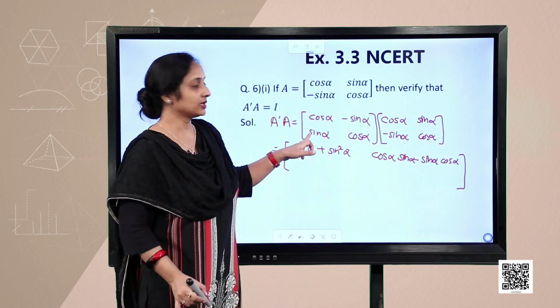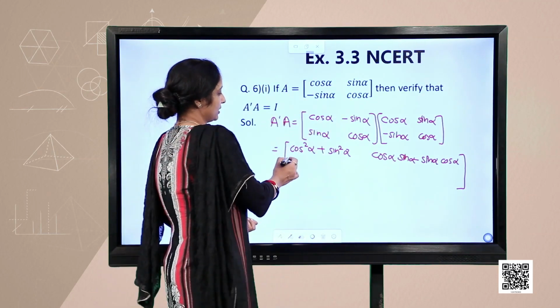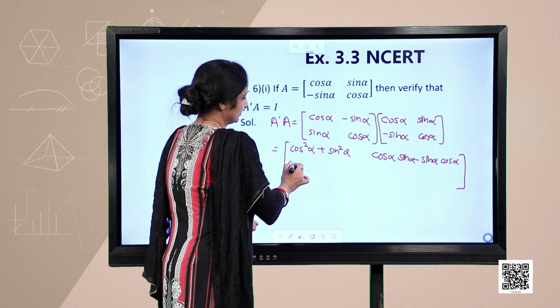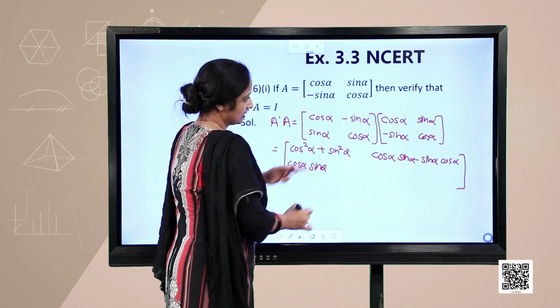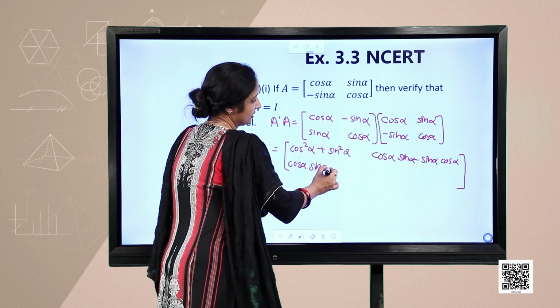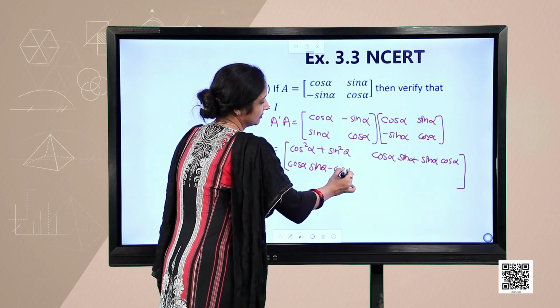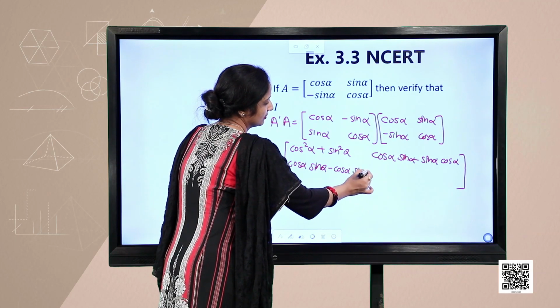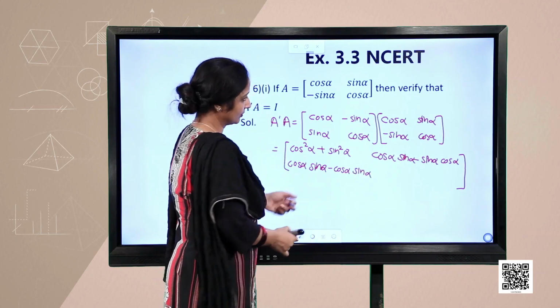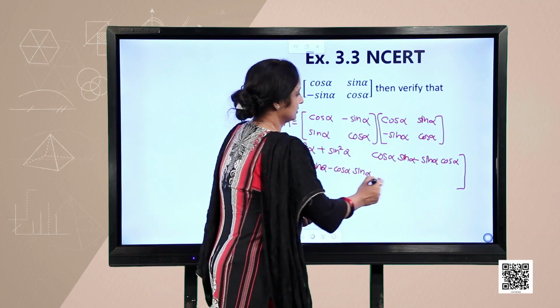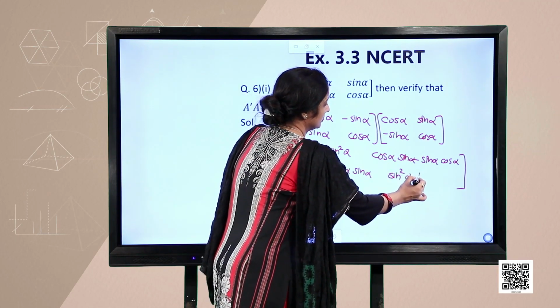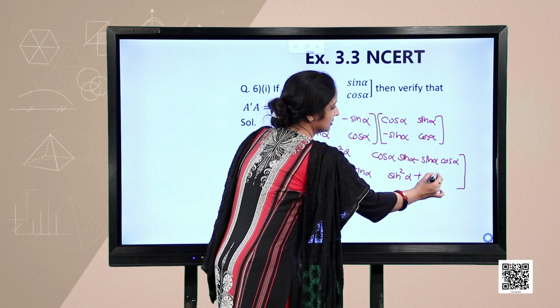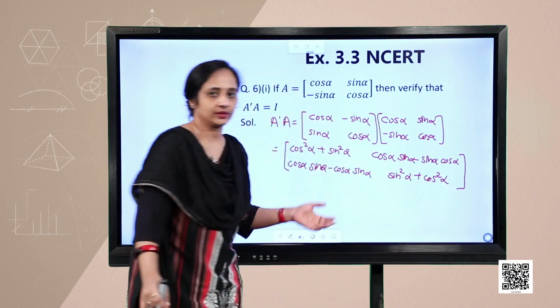Let us write the next element, sin alpha multiplied by cos alpha, then minus cos alpha sin alpha. The last element is giving me sin square alpha plus cos square alpha, right.